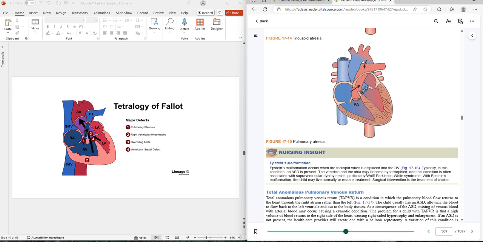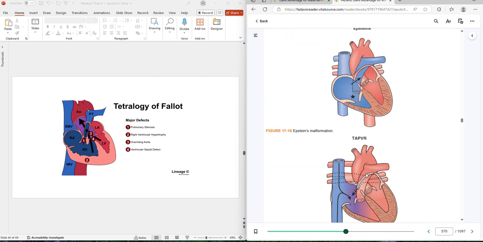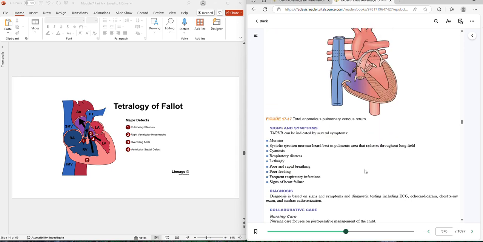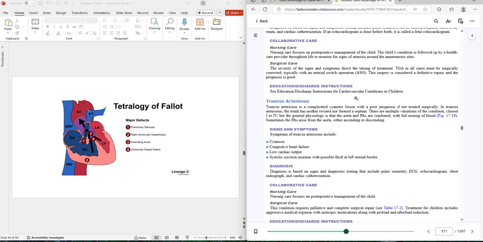So let's look on page 571. We're going to talk about truncus arteriosus. And that's the Epstein's malformation. You can read about that in your book. Conotruncal defects. And then truncus arteriosus.